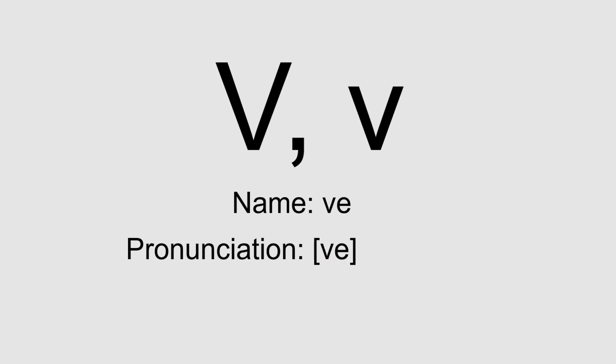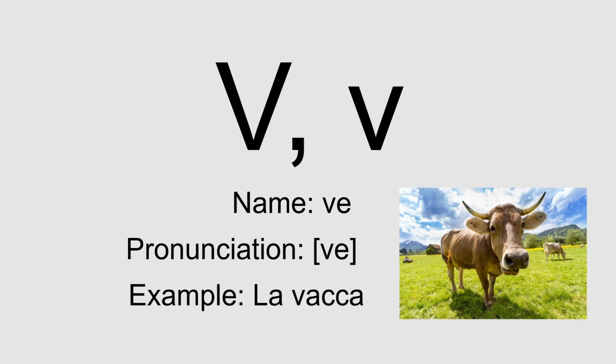The letter V in Neolatin is always pronounced like V. It is very common in Spanish-speaking countries to pronounce the V like a B and say vida instead of vida, for example. In order to differentiate between the letters B and V in Spanish, it is often said B de burro to refer to the letter B and B de vaca to refer to the letter V. It is for this reason we have this example, la vaca, which means the cow.